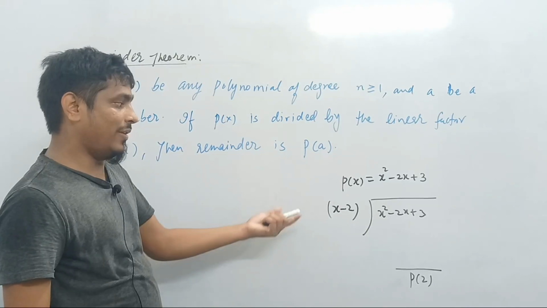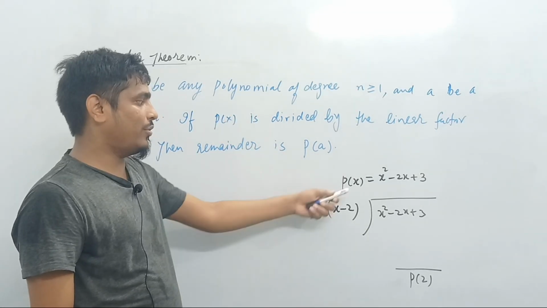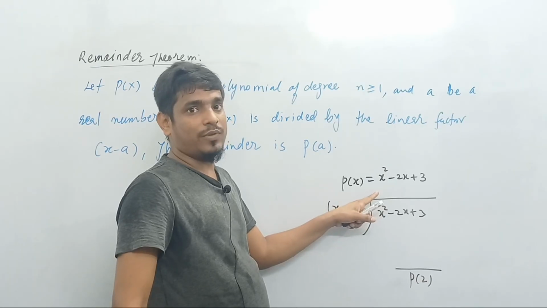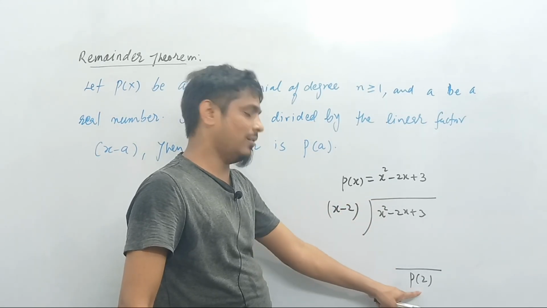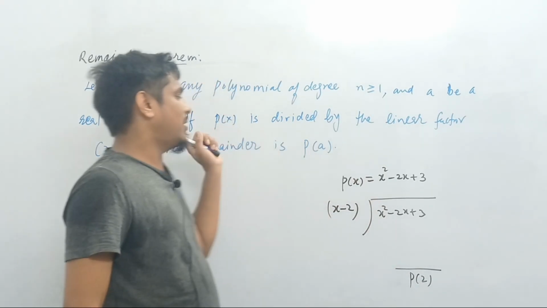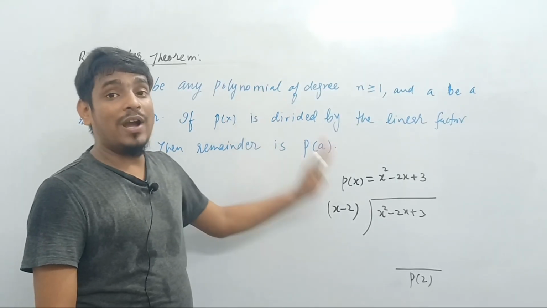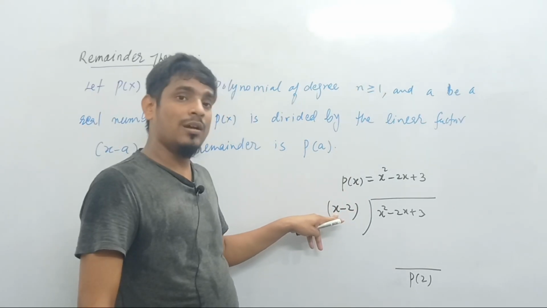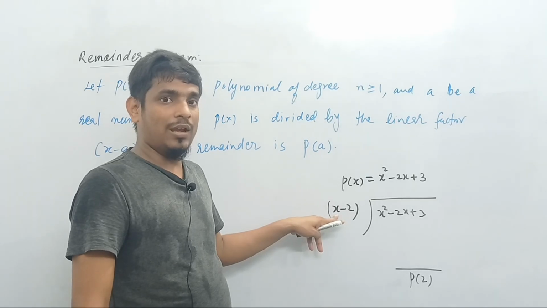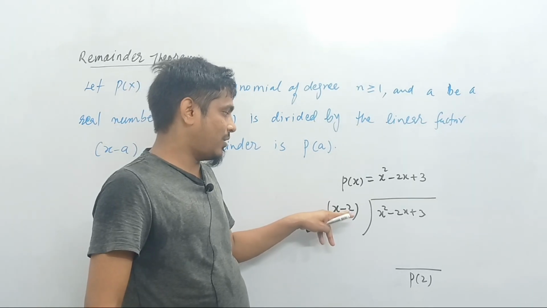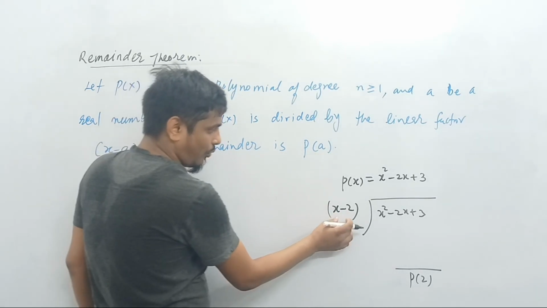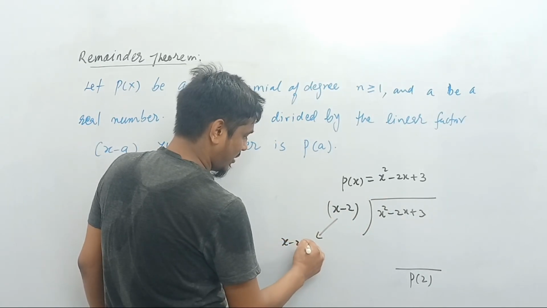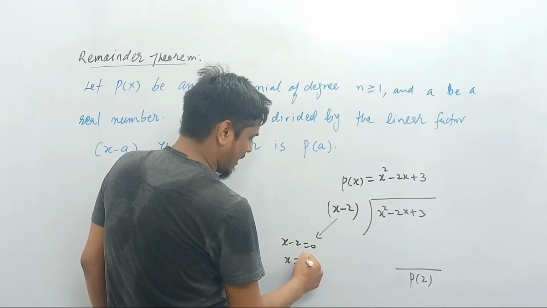So usually when we are finding the remainder, we are using the long division method. We choose the possible quotient, and then at the last we find the remainder. But using the remainder theorem, we find the remainder by substituting the value of x. If x minus 2 is dividing this, we keep x minus 2 equal to 0, and we get x equal to 2.